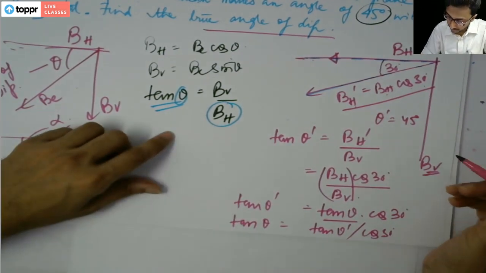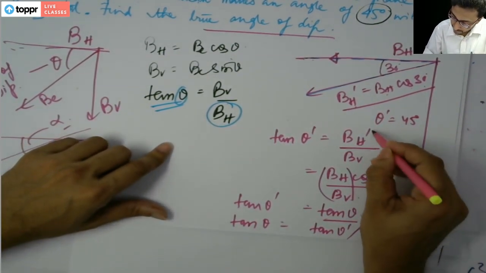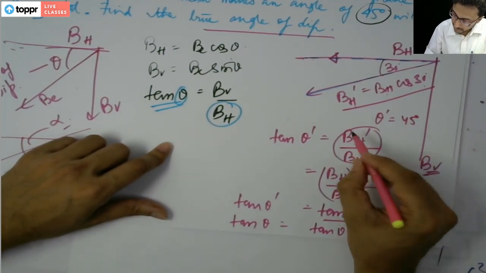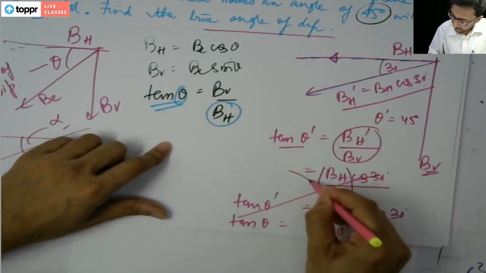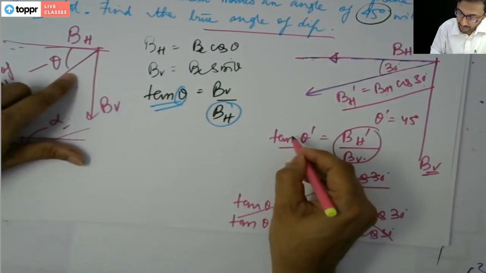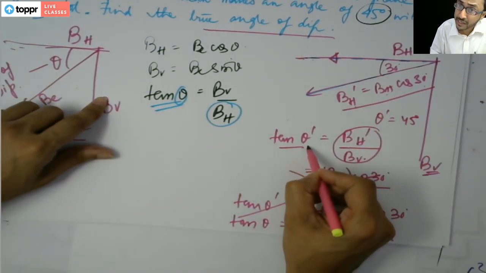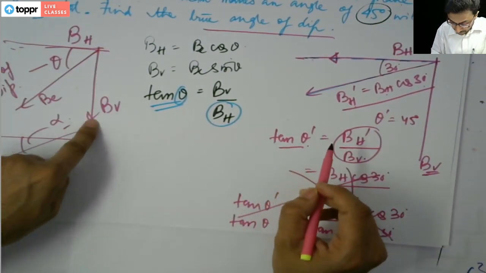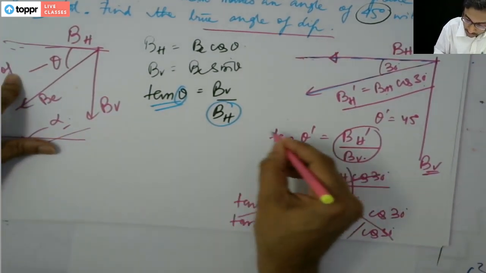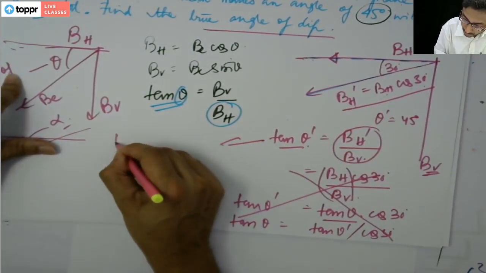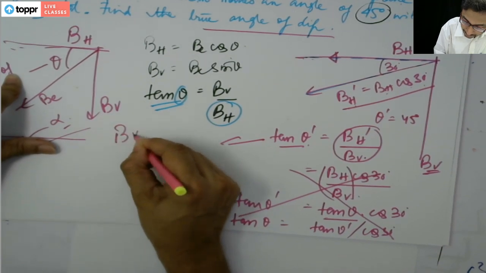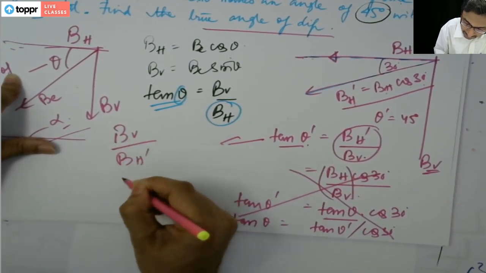There is a mistake I have done in this formula. Tan of theta dash is the angle of dip, and dip is vertical by horizontal. So tan of theta dash will be BV by BH dash.